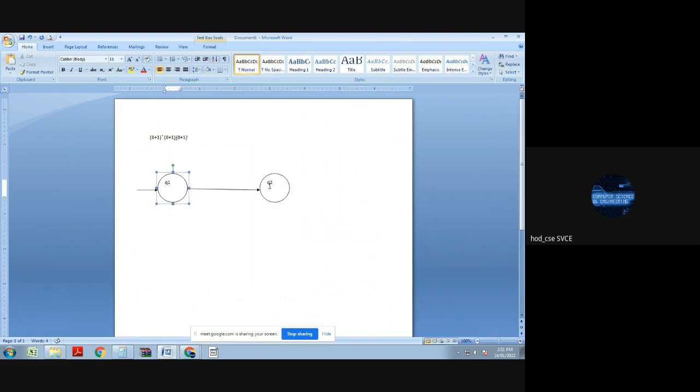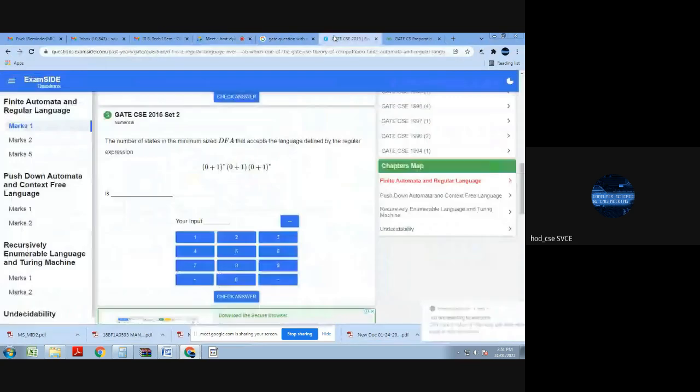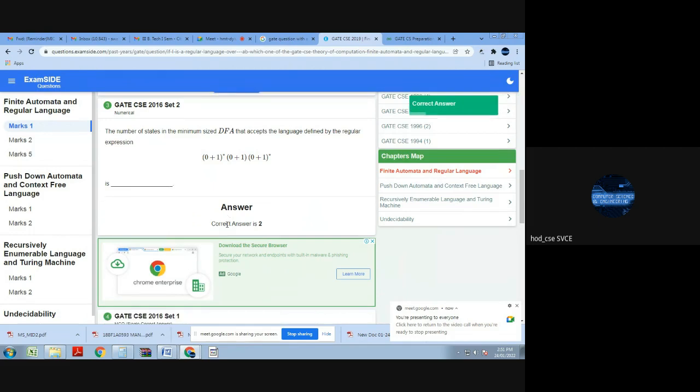So the minimum number of states required is 2 here. So the answer for this one will be 2.